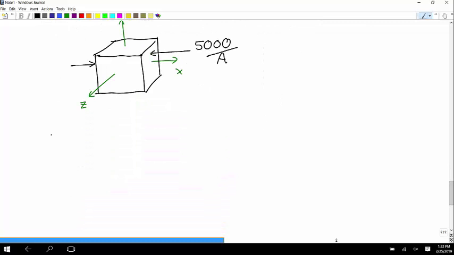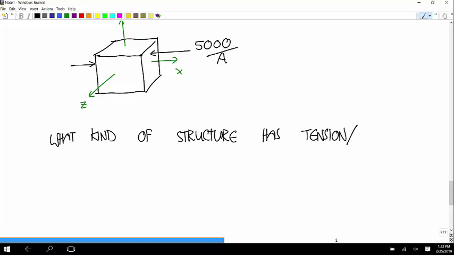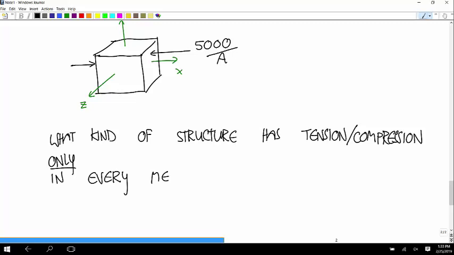So, this kind of structure has tension and compression only in every member. Truss.